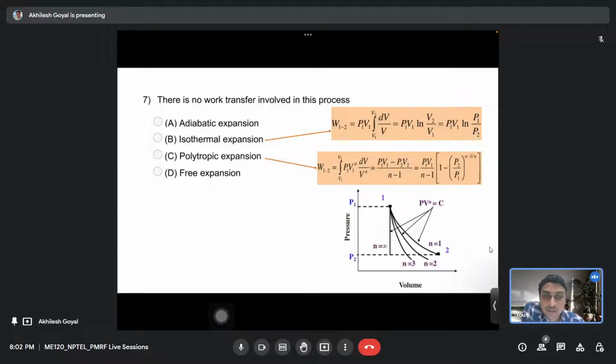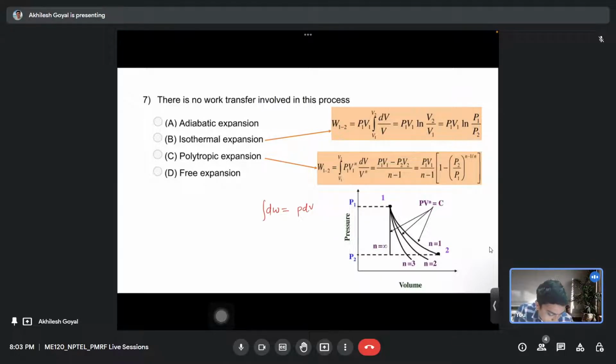See this graph. This is a PV graph, pressure versus volume, and the work dW is defined as PdV.